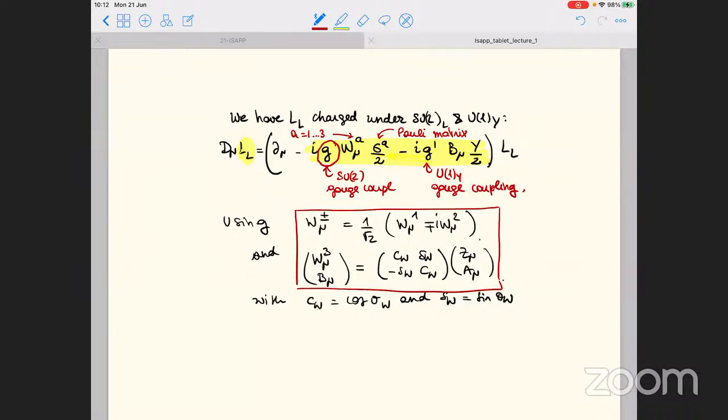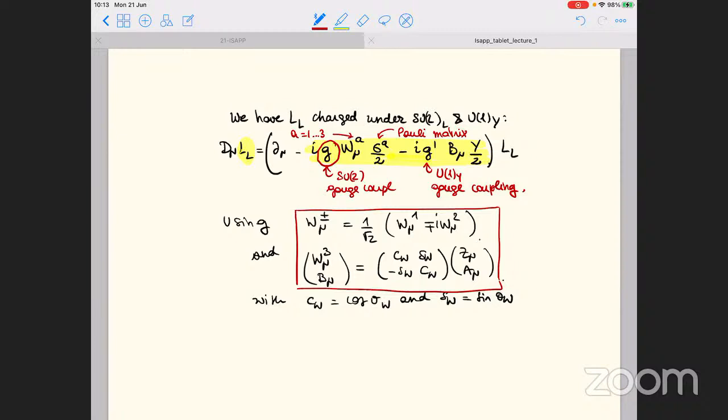Okay, then we also have hypercharge. So we also have to take into account the insertion in the covariant derivative of the B mu field, which is the U1 hypercharge gauge boson. And we can reshuffle this kinetic term, as you might very well know, and write it in terms of the gauge bosons that interact directly with the particles: the mass eigenstates W mu plus minus, the Z boson and the photon.